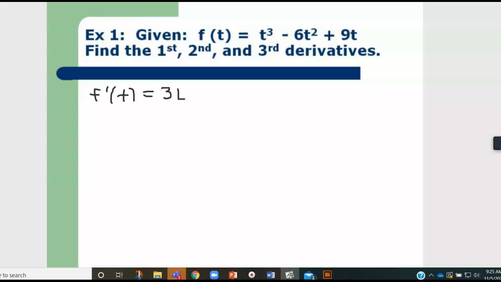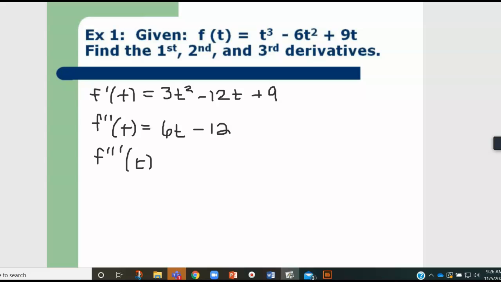So 3t squared minus 12t plus 9. The second derivative, 6t minus 12. And the third derivative is 6.